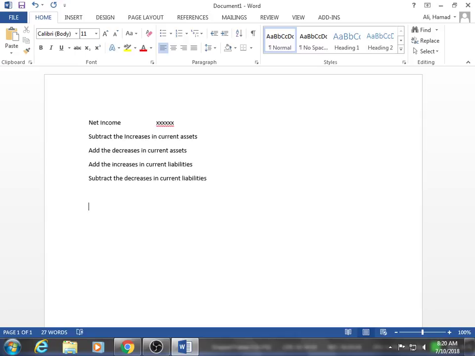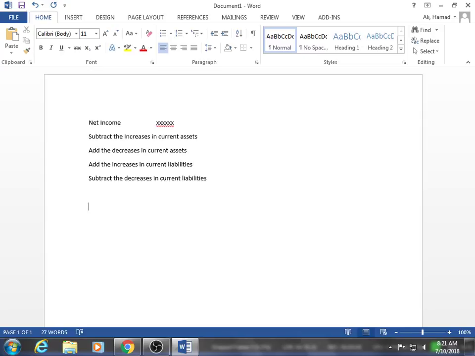Now the financing. We remember the financing has to do with long-term liabilities and stockholders' equity. Transactions that have to do with long-term liabilities and transactions that have to do with stockholders' equity.